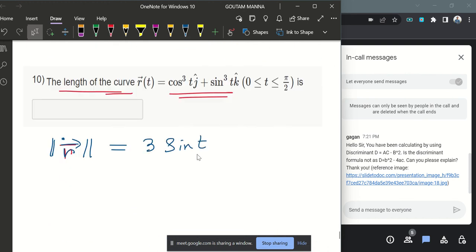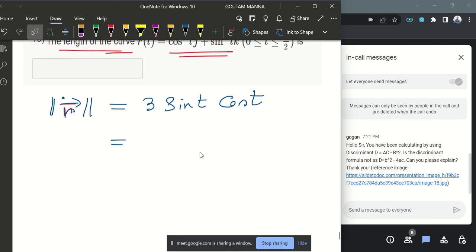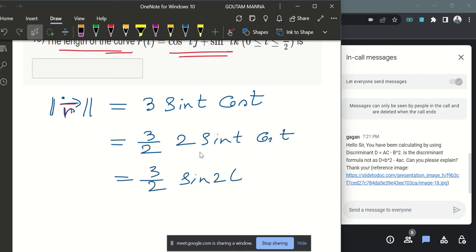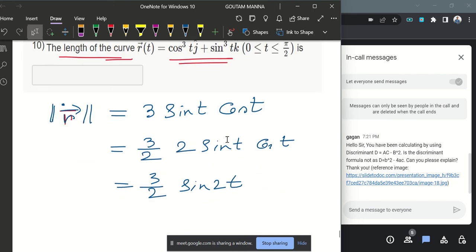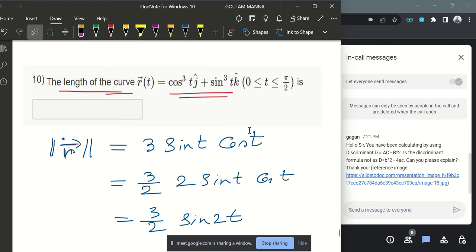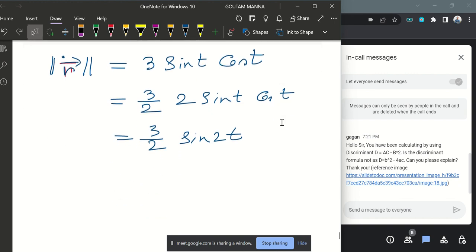3 sin t cos t, which is basically 3 by 2 into 2 sin t cos t, that is 3 by 2 sine of 2t. And you are asked to find the length of this curve from t equals 0 to pi by 2.